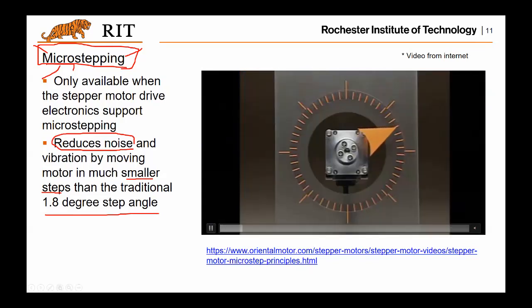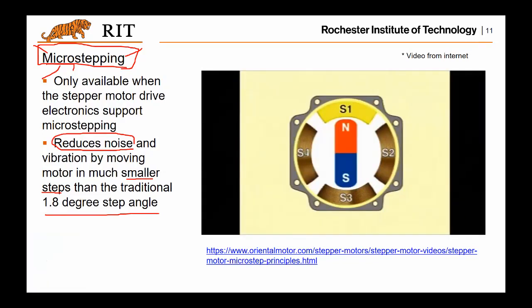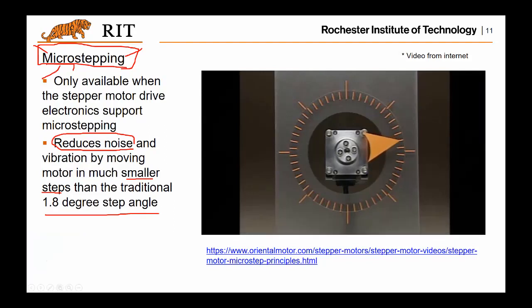I can introduce this. So basically, as you can see here, if you see the motion of the motor, between each of these two lines, let me pause it here. Okay, so between each of these two lines, that is a step, how much the motor will rotate per step.